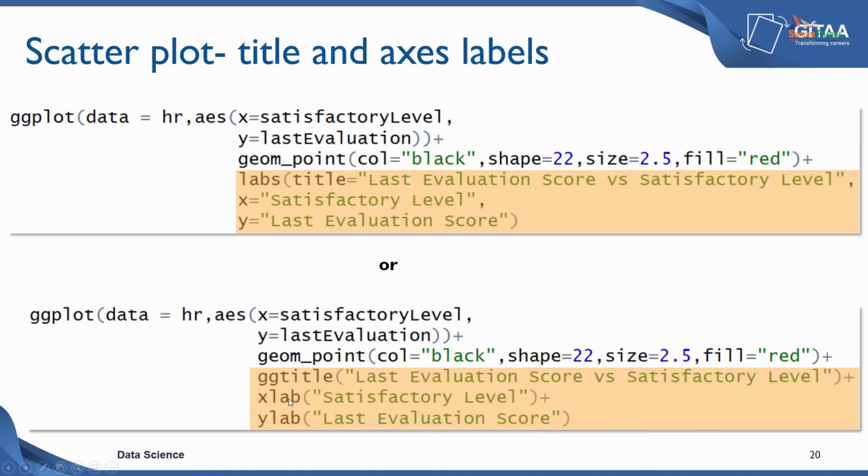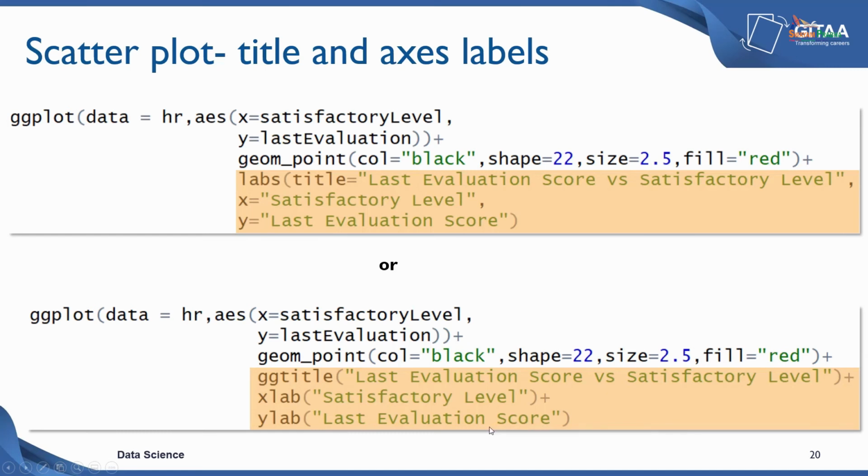Now the x label and the y label is basically given by the functions xlab and ylab, which correspond to x label and y label respectively. So within the xlab function I'm giving the description for the x label, which is satisfactory level, and I add a plus notation again here, and then I'm adding the y label, which is represented by the function ylab, and within the parenthesis and quotes I am giving last evaluation score.